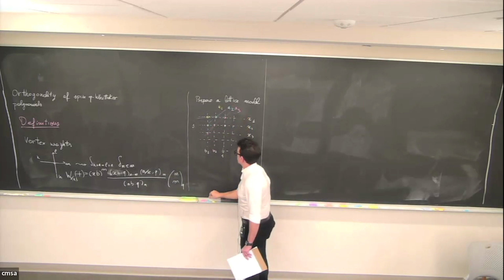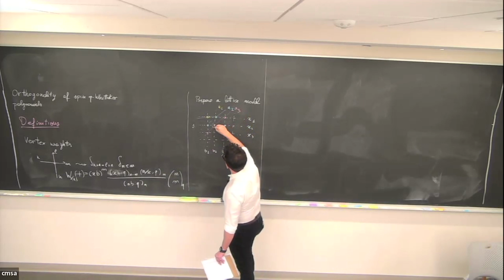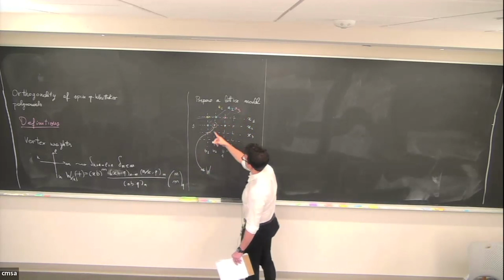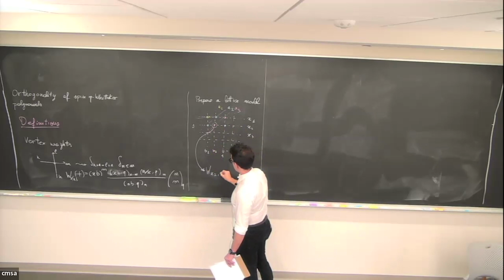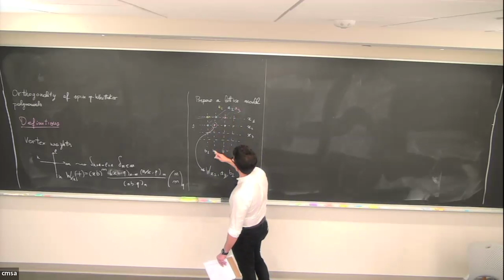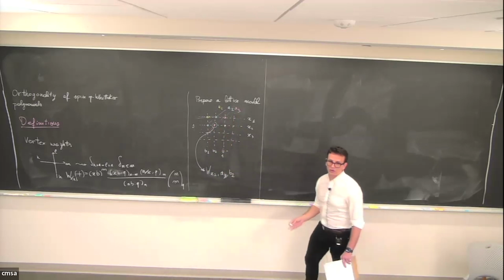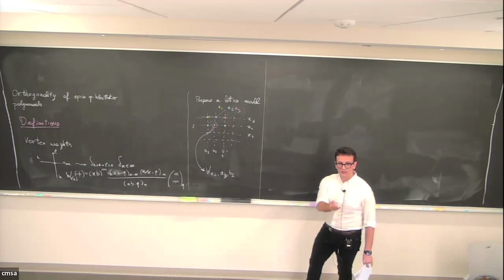For example, to this vertex here we are going to associate the weight w of x2, a2, because it's the third diagonal, a3, b2, sorry. Is that clear, how the weights are assigned?